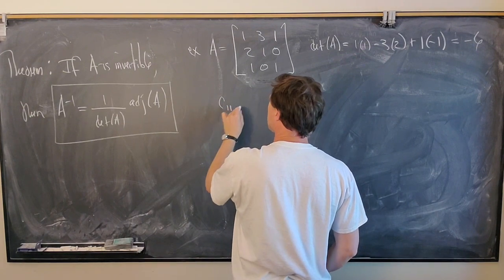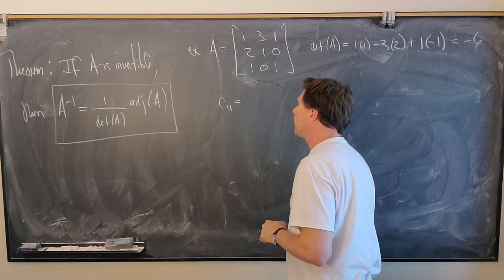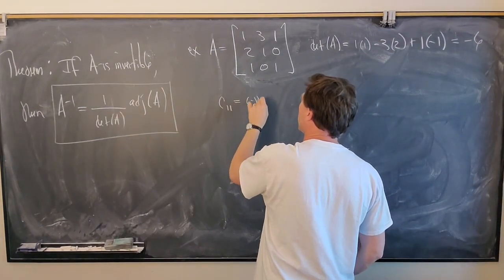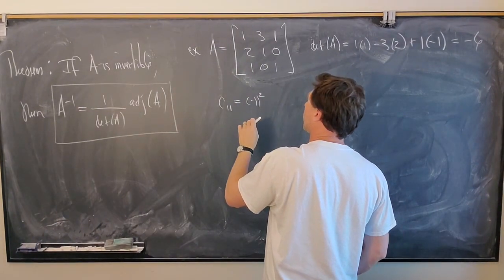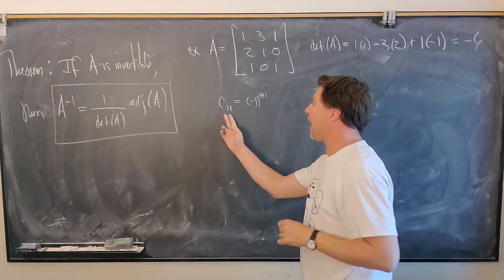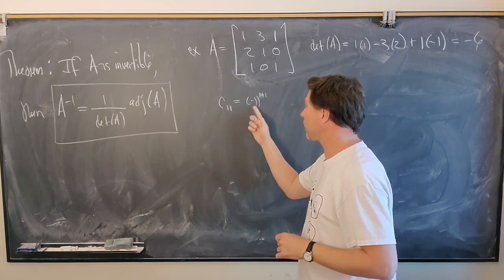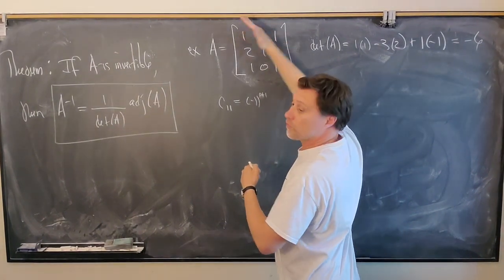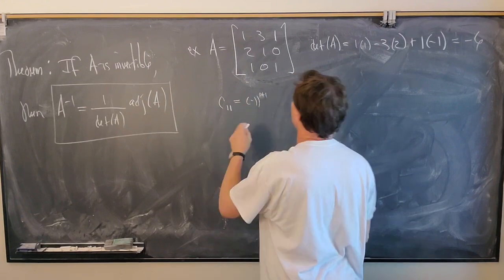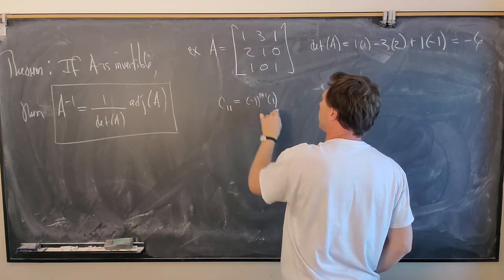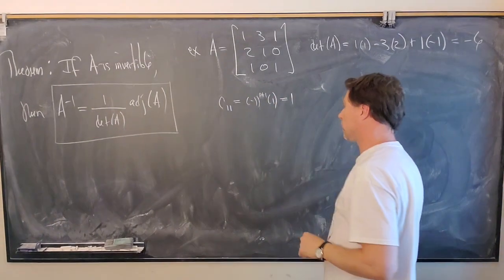So C11 is going to be, well, officially it's going to be negative 1 to the 1 plus 1, right? Add those; that's going to be the exponent on negative 1, times the determinant that you get by deleting the first row and first column. And that resulting little square gives us the determinant of 1. So C11 is equal to 1.